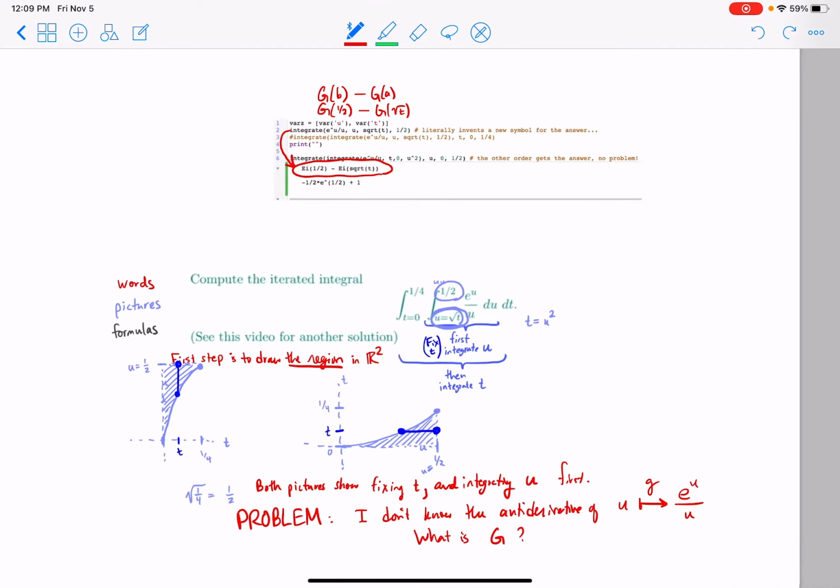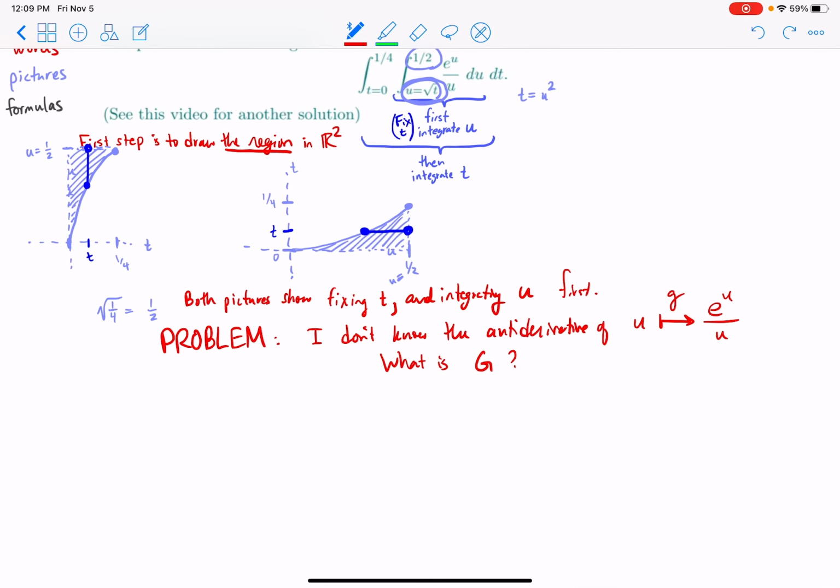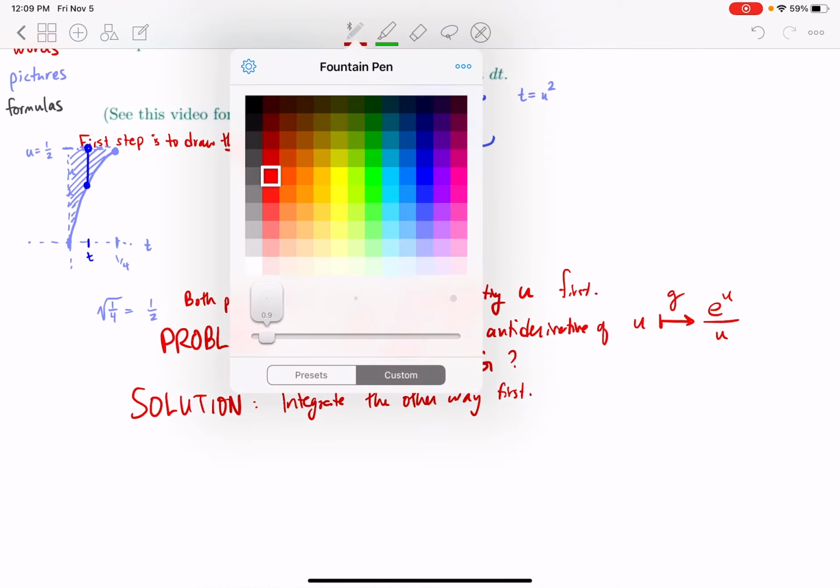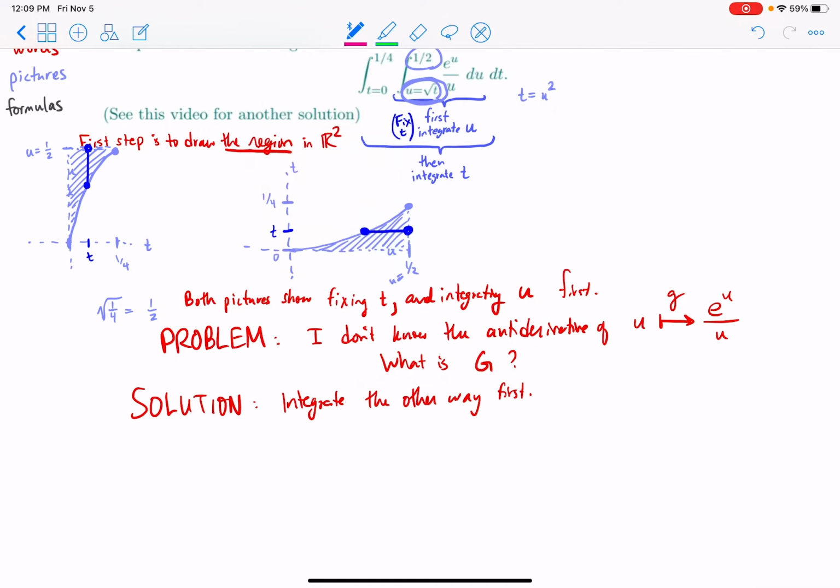Okay, so let's instead, solution, integrate the other way first. Okay, I'll put it in the same drawing.